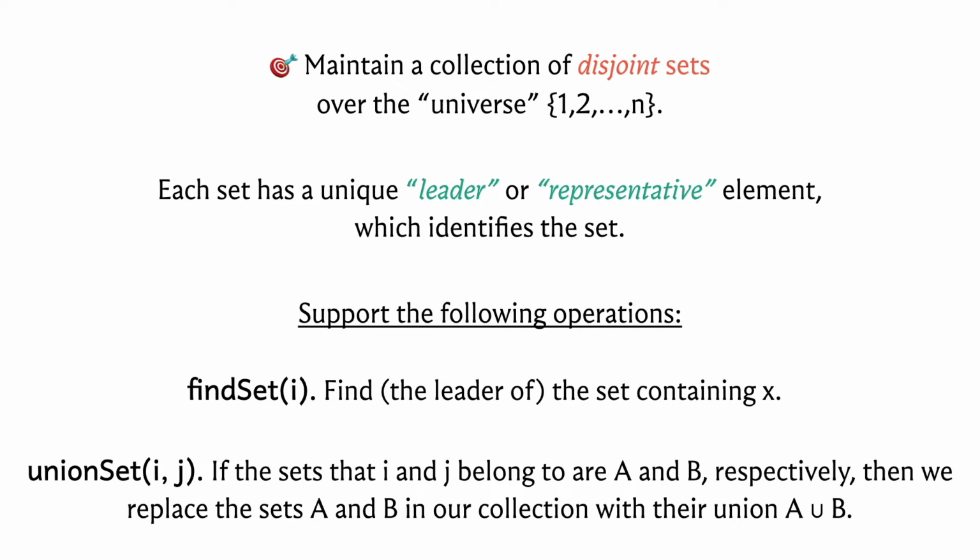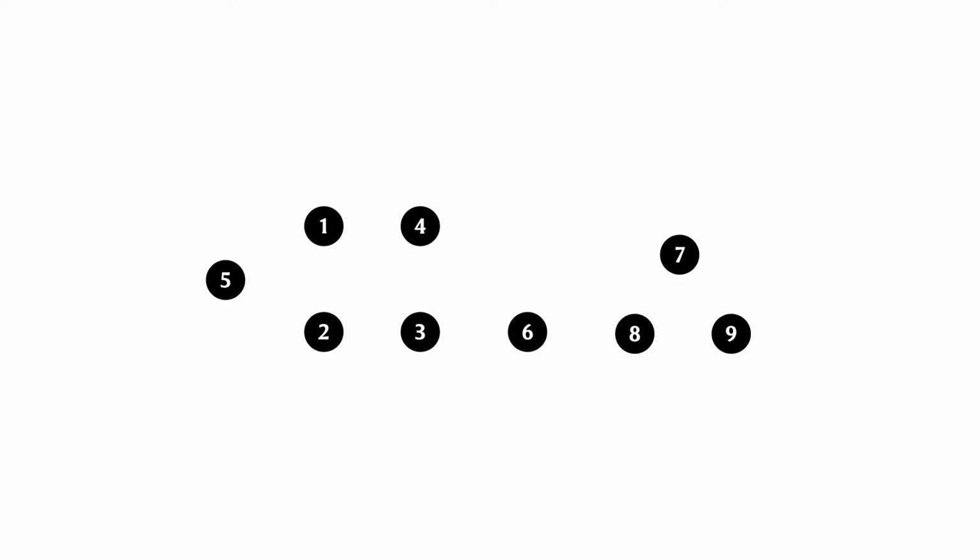Just to demonstrate, let me show you how you can use this data structure, for example, to keep track of connected components in a graph if that's what you need to do. So let's say that you are working with a graph on some n vertices, and to begin with, that's all that you know. So all the vertices are just isolated and they form singleton sets on their own. And as you go along, you start getting information about the edges.